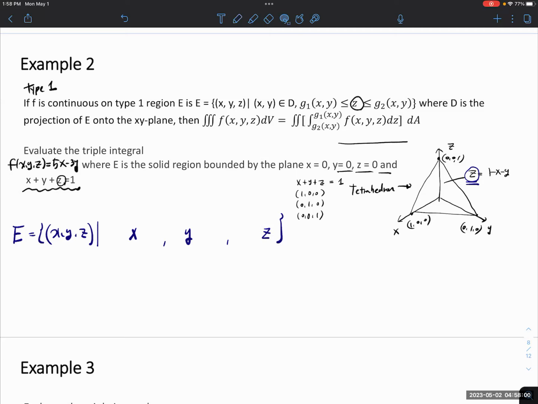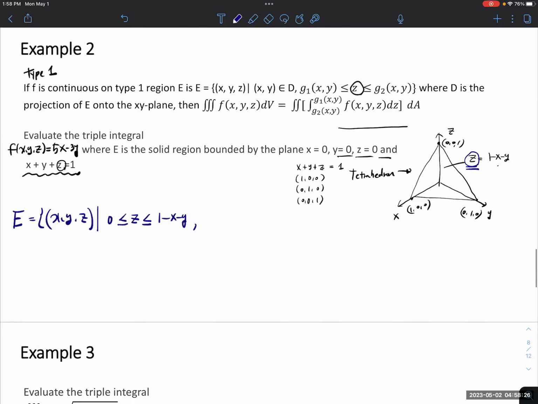Therefore, I can set up z first. z is going to be greater than or equal to 0, and then it stops at 1 minus x minus y. That's one interval for z we can find. What else can we do?